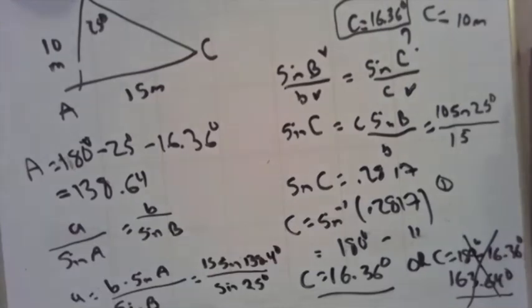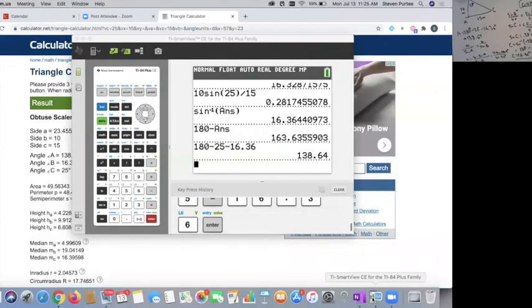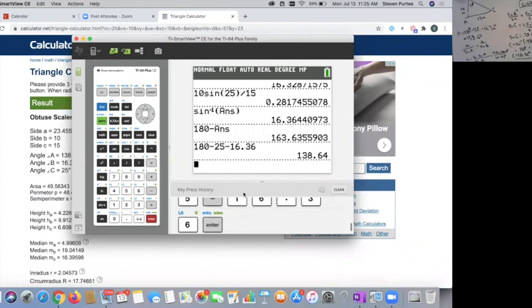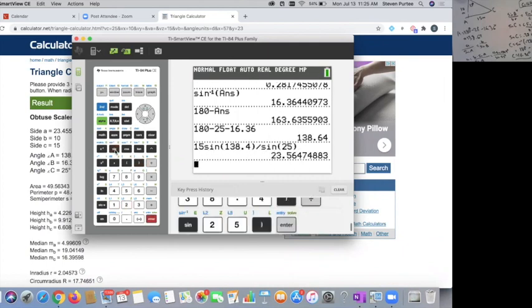So we'll type that in the calculator. 15 sine of 138.64. Don't forget your parentheses or it will mess things up. Divided by sine of 25, close the parentheses, 23.56.